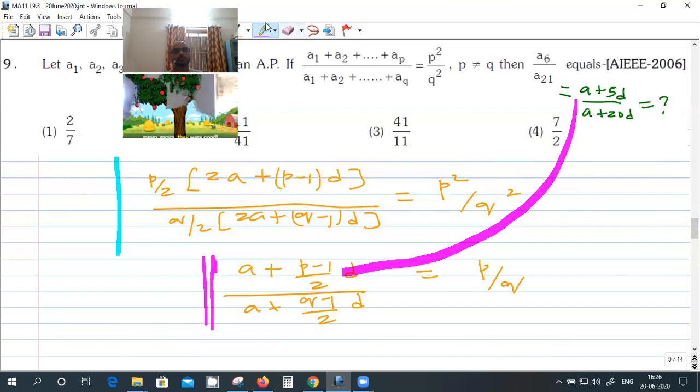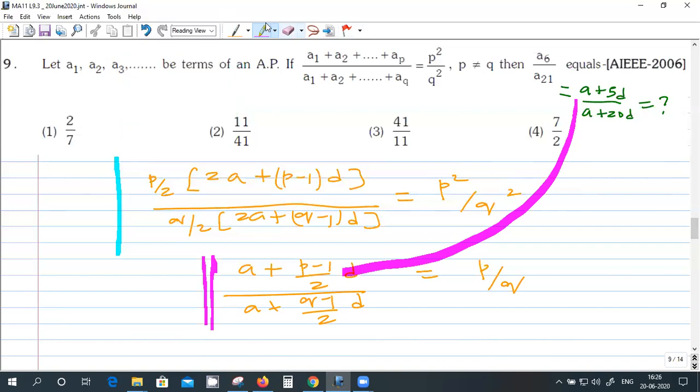So for P, 11, and for Q, 41. So P is 11, Q is 21, right? Answer is B. So it's 11 by 21.